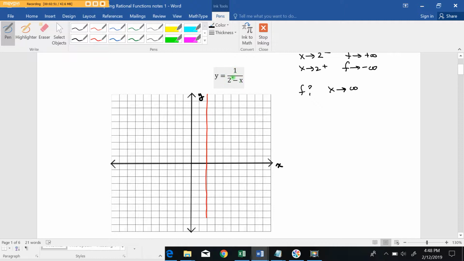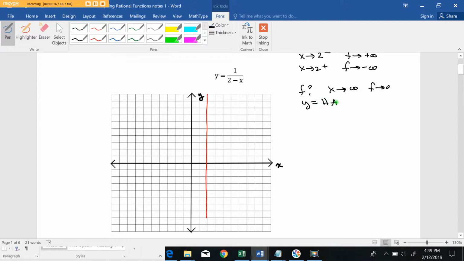Imagine putting in 1,000: 1 over negative 998 is a really tiny number. Anytime the power in x is bigger on the bottom than the top, the function will be driven to 0. So y equals 0 is our horizontal asymptote.